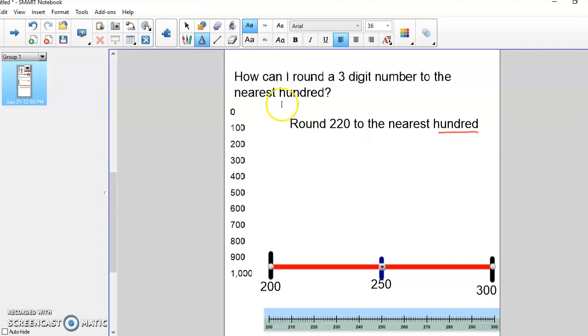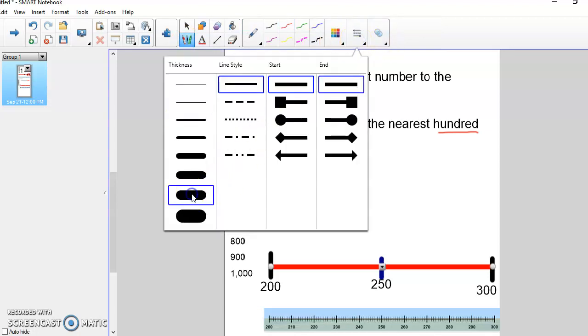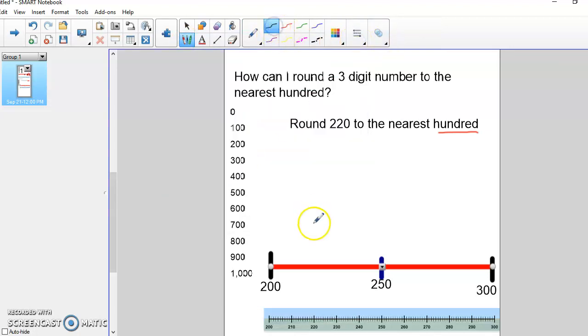So I heard 220, and for practice today, we have our little cheat sheet. Oh, I see the number 220 is about right here. So I'm going to make my point because I can see that that lines up pretty good, 220.